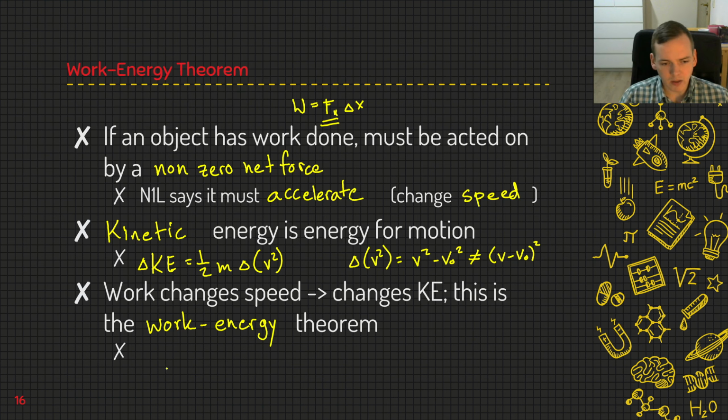In mathematical terms, we say that work equals change in KE, which can also be written as work equals 1/2 m delta v squared. So if something has work done on it and it's changing its speed, we use the work energy theorem to relate those.